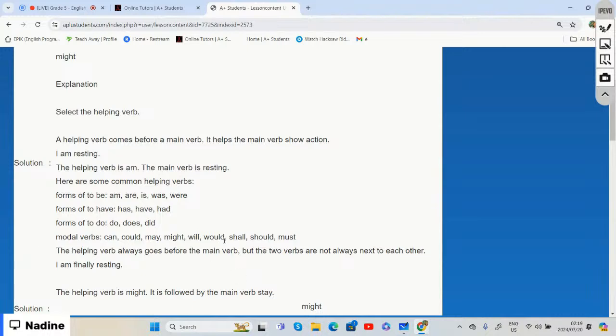All right, and we see that when it comes to the helping verbs, which is to be, then we use words like am, are, is, was, and were. It's like saying I am eating, right?